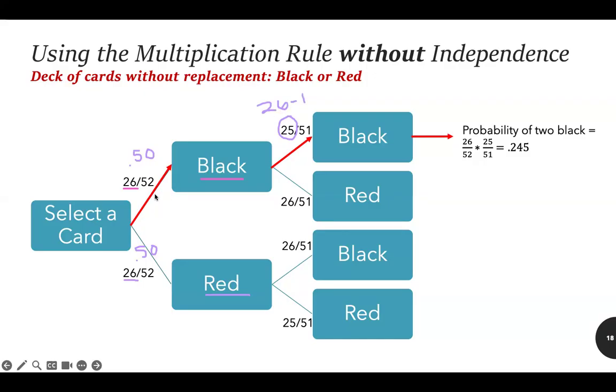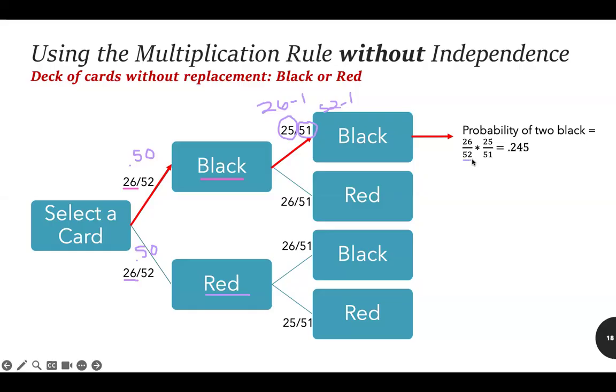Because that was our selection. We got a black card the first time. And the total amount went down because we took a card out of the total amount as well, because we took a black card out. So that's now going to be 51.